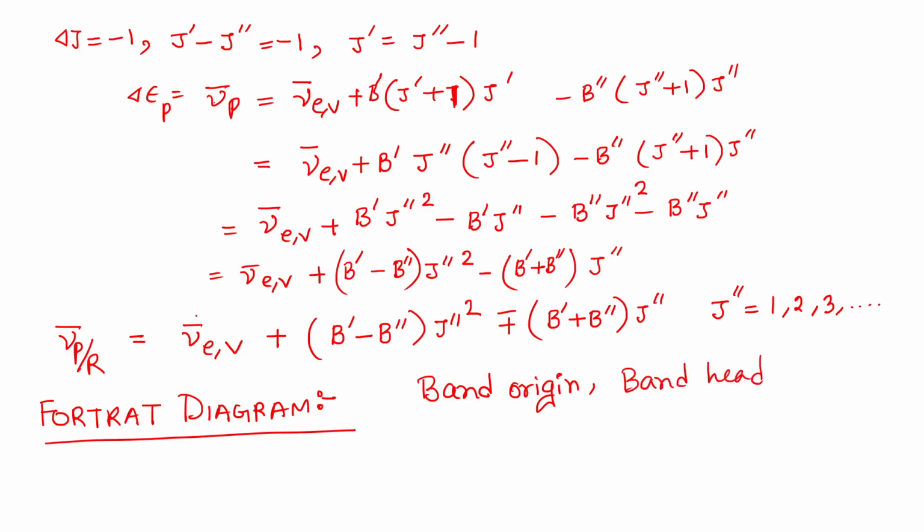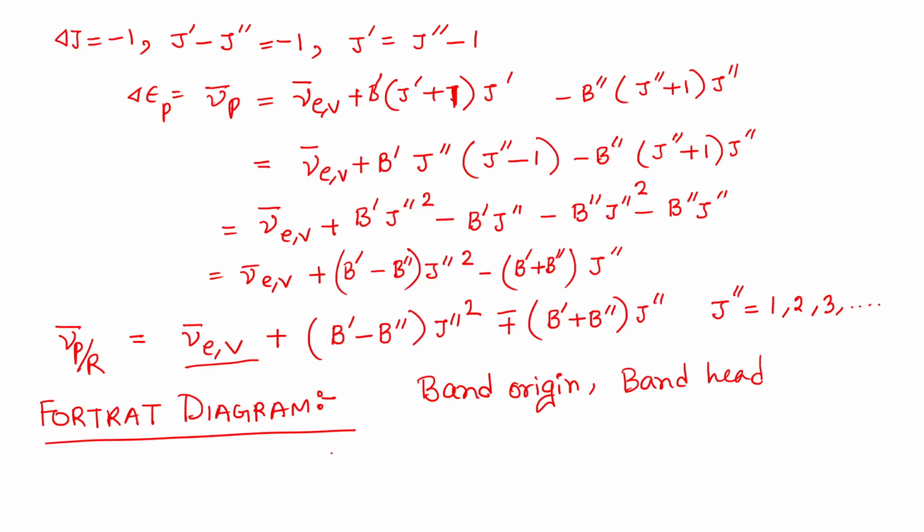So your band origin is 0 to 0, right? So that you will have the idea from here. This is your band origin. In your spectra, you are never going to get this because you are going to have some value of j double prime and this. So you are not going to see actually your band origin there. So this is your band origin. Let me write it maybe.